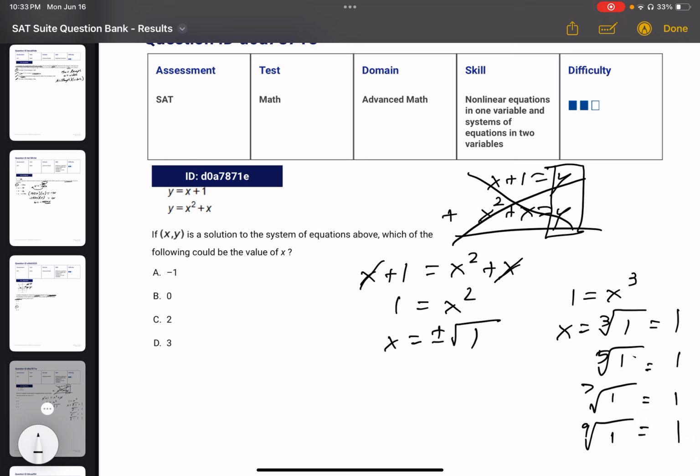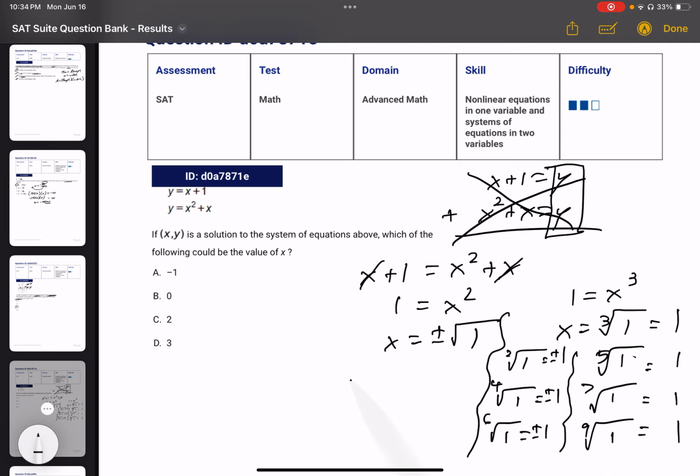If we're taking just the square root of 1, for example, but if it was an even root, like square root of 2, square root of 4, square root of 6, just taking the square root of 1 of each, it would be plus or minus 1, plus or minus 1, plus or minus 1, if that makes anything clearer.